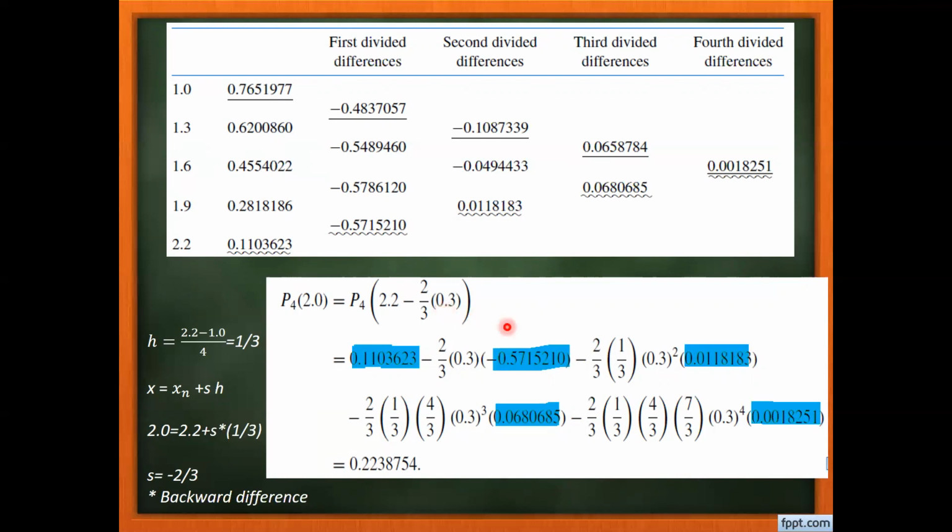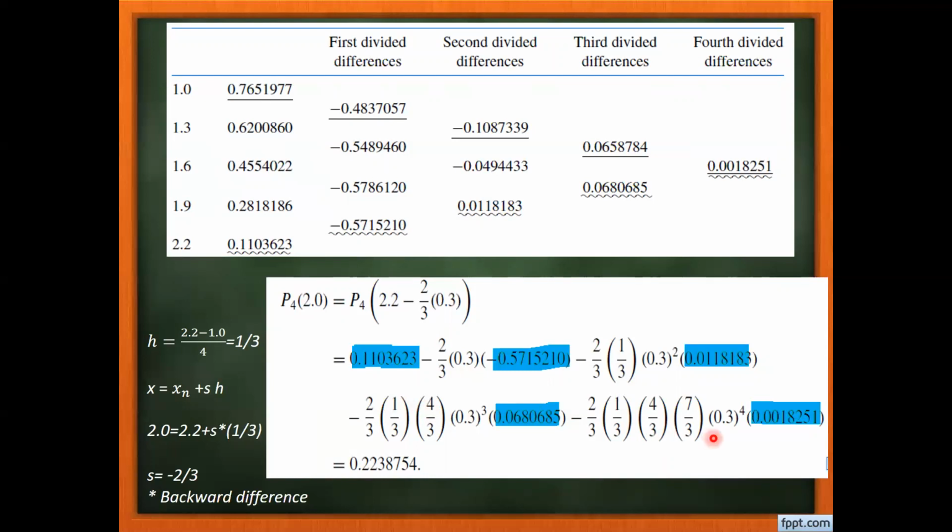So by substituting the values in our polynomial, you can see that in backward difference interpolation, we are using the lower diagonal values 0.1103, minus 0.57, 0.0118, 0.06, and 0.0018 with S into H, S into S plus 1 times H square, S into S plus 1, S plus 2 times H cube, and so on.